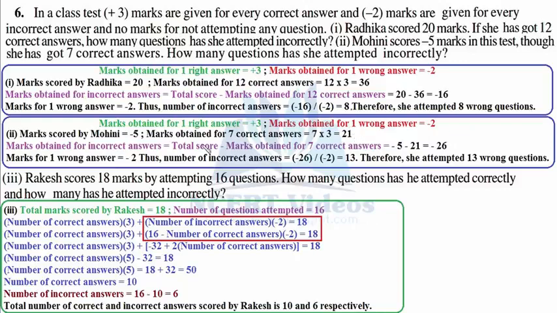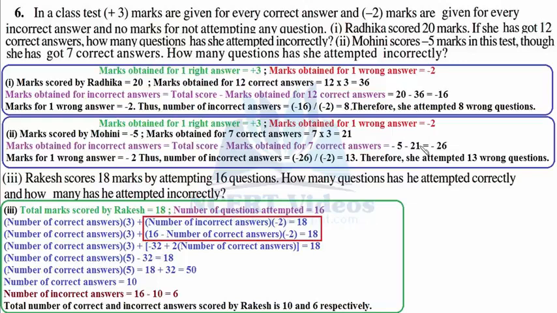Now again, using the same thing, marks obtained for incorrect answers will be the total score minus marks obtained for correct answers, which is 7 in her case. So minus 5 minus 21 gives you minus 26. So it is just the same. You can think of it as, suppose you got 10 marks.